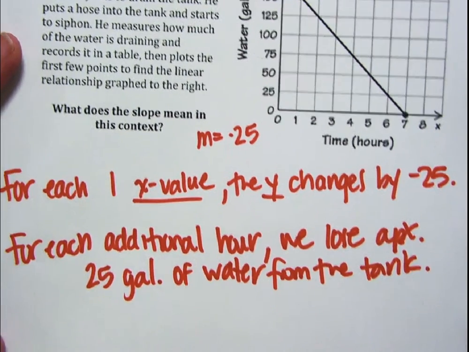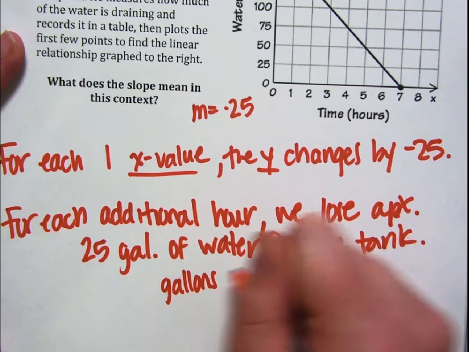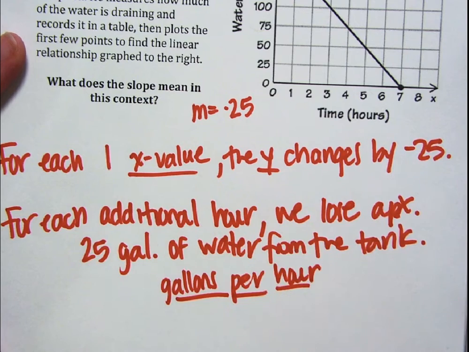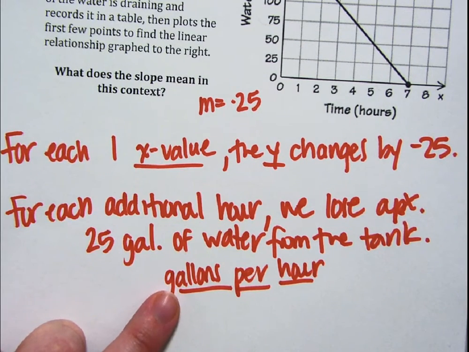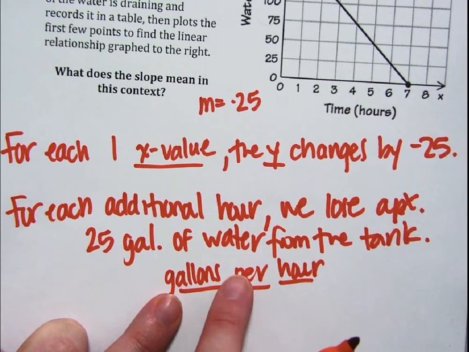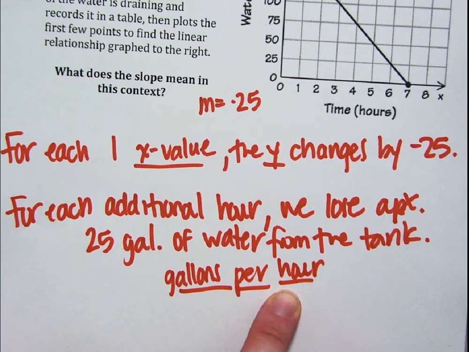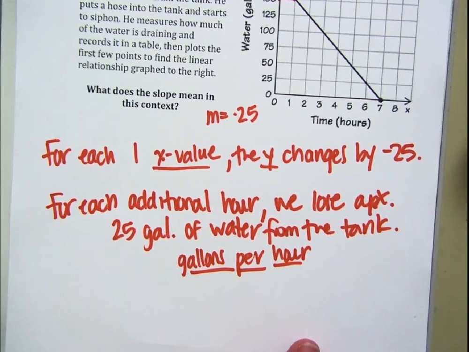The units on this slope would be gallons per hour. So when we talk about what that negative 25 means, it's really the gallons per hour that we're losing. Per hour is essentially the same thing as that for each additional x. So it's our rate, negative 25 gallons per hour.